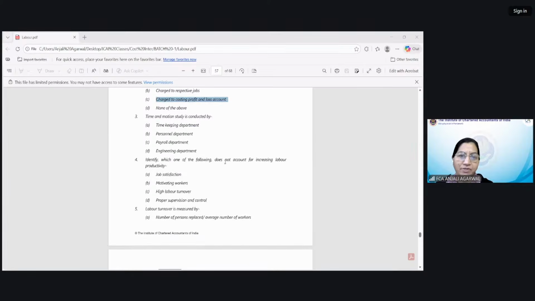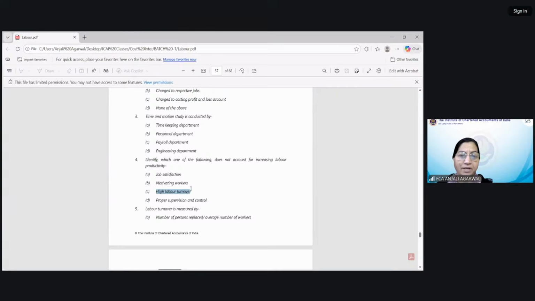Fourth, identify which of the following does not account for increased labor productivity. What does not account for increasing labor productivity? So if you want to increase labor productivity, should they be satisfied? Yes. Should they be motivated? Yes.